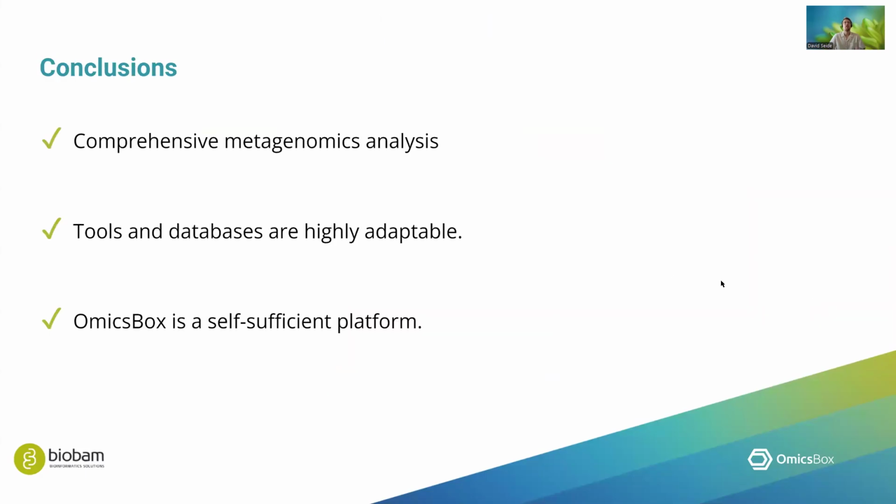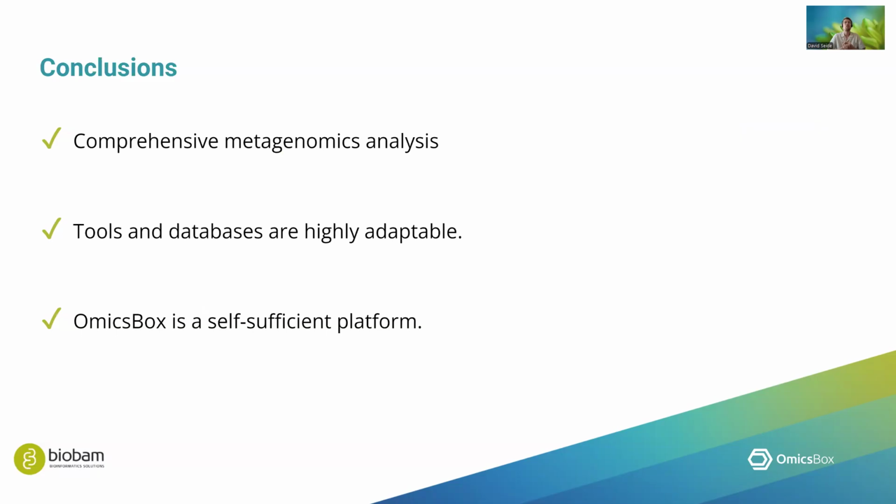So we have seen that we can do comprehensive metagenomics analysis with OmicsBox. There's a lot of different functionality that you can combine together. The tools and the databases are highly adaptable for different scenarios. And we have also seen that OmicsBox is a self-sufficient platform.